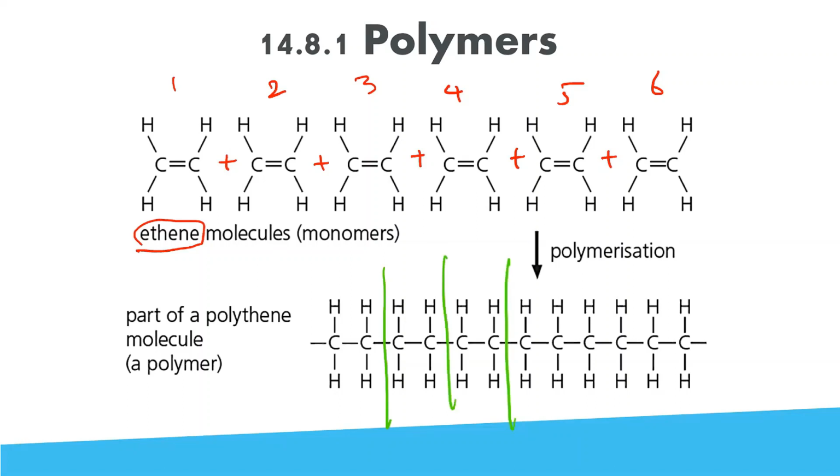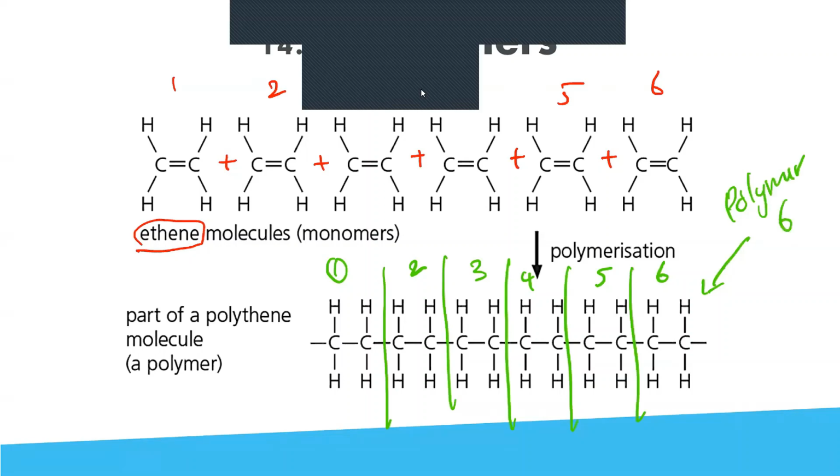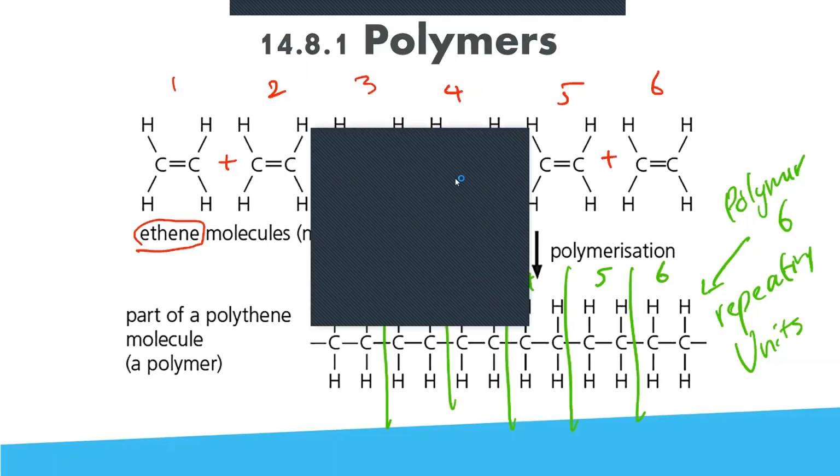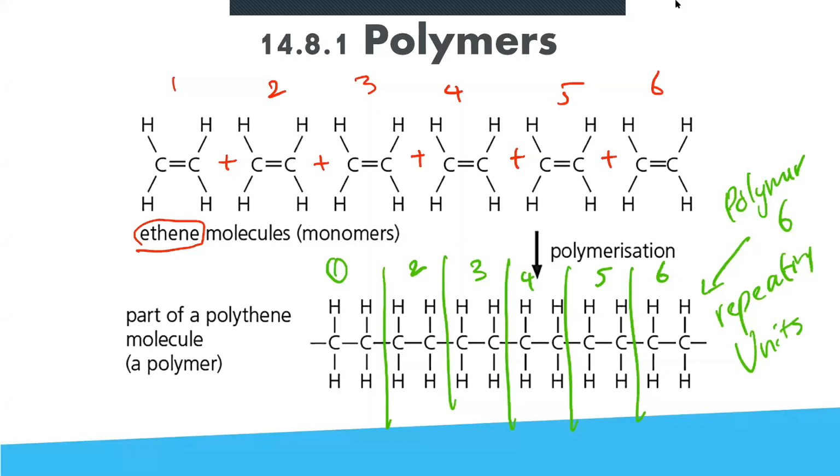You have 1, 2, 3, 4, 5, 6 repeating units. This is the structure of a polymer, a polymer with 6 repeating units.